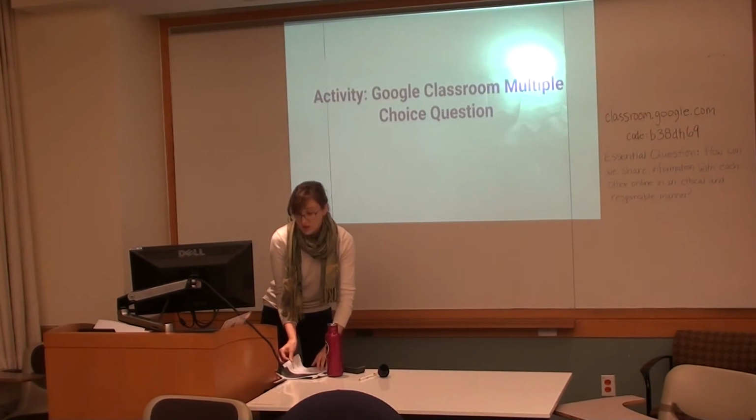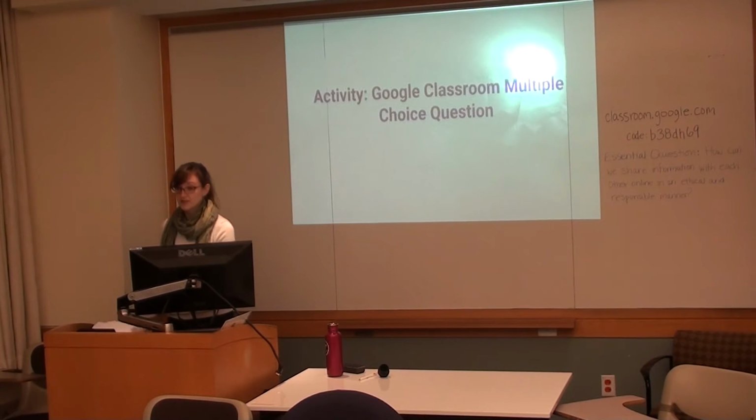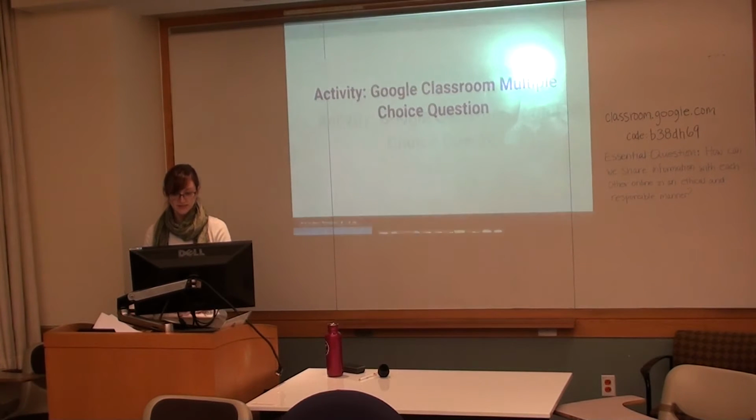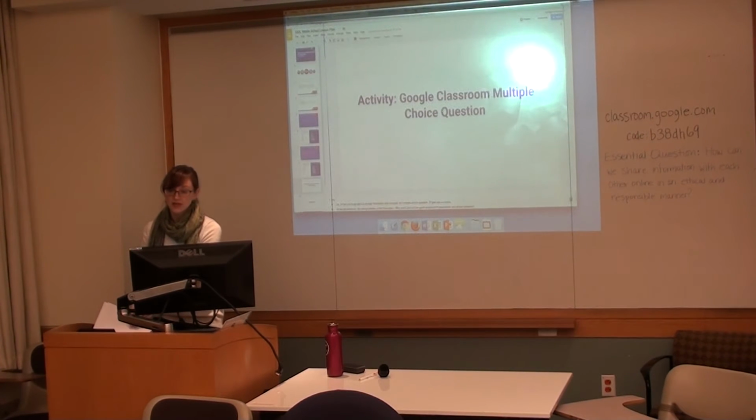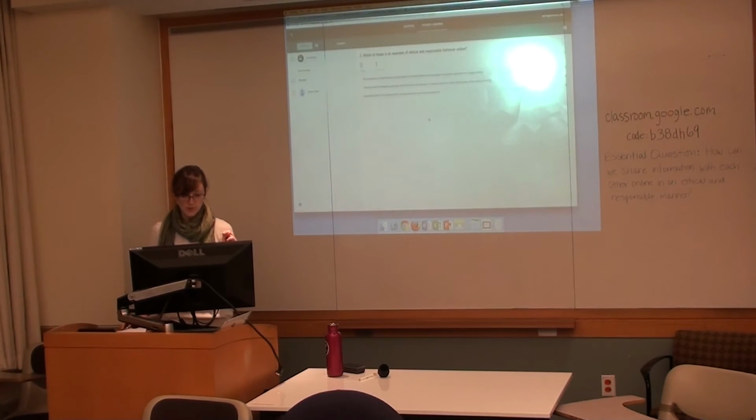Okay. Quickly, we will also do another activity which relates back to using Google Classroom, so using this online platform, as well as making sure you understand a little bit about ethical and responsible behavior. So question 2, multiple choice question. Which of these is an example of ethical and responsible behavior online?